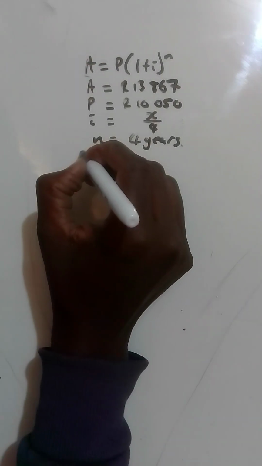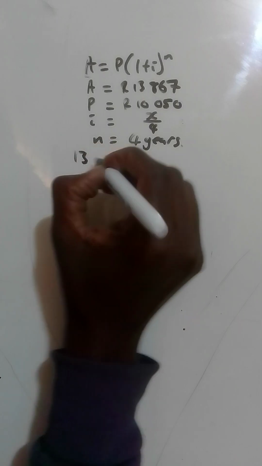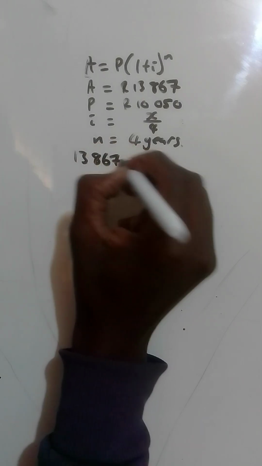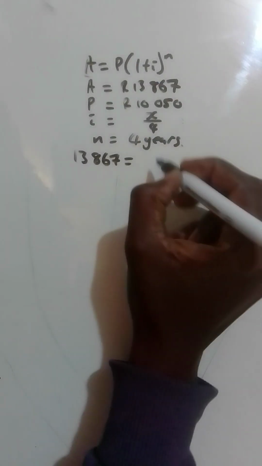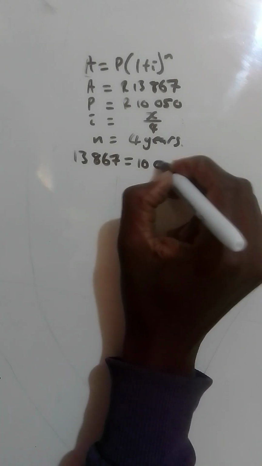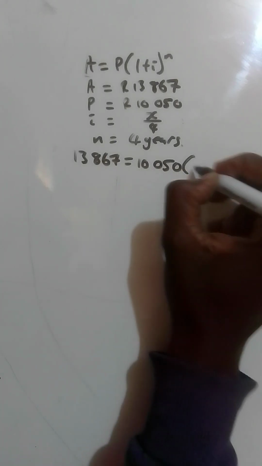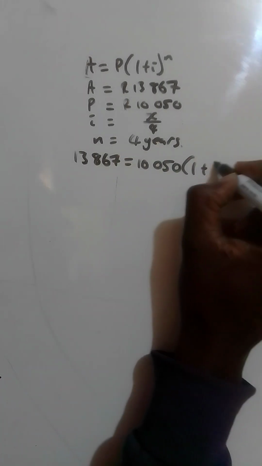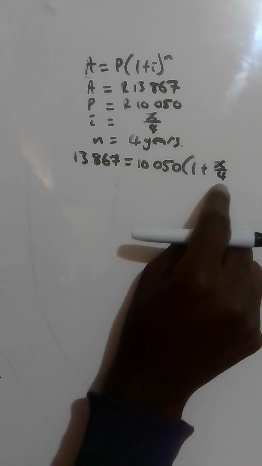Now I'm going to write my 13,867, the accumulated amount, is equal to the principal, 10,050 rands, and I open the bracket, I say 1 plus my interest, which I do not know, so I write x over 4 to accommodate the accumulating period.